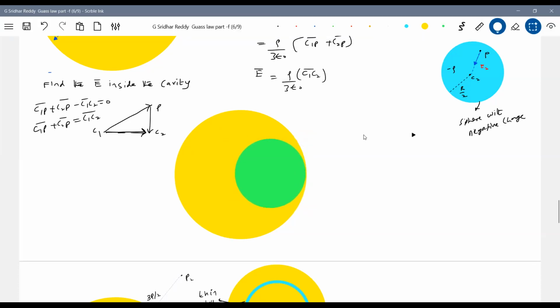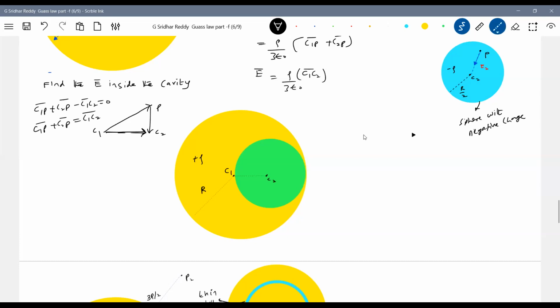Okay, this one. Next, for the radius, this is radius R. So this is the point C1, C2.